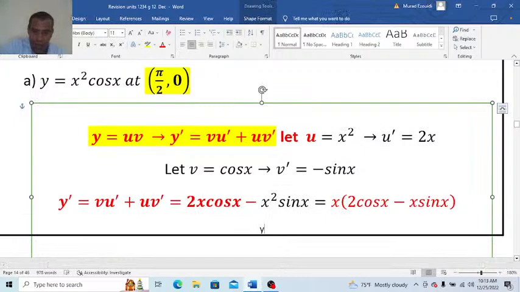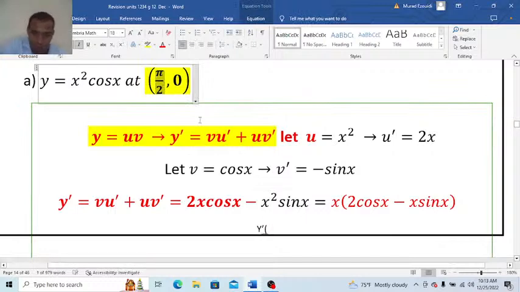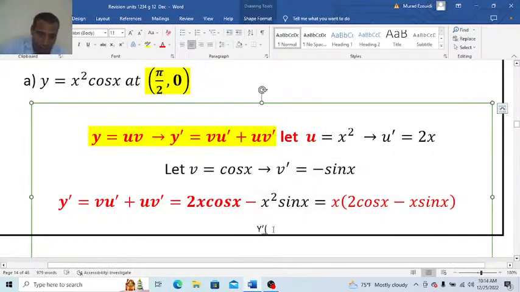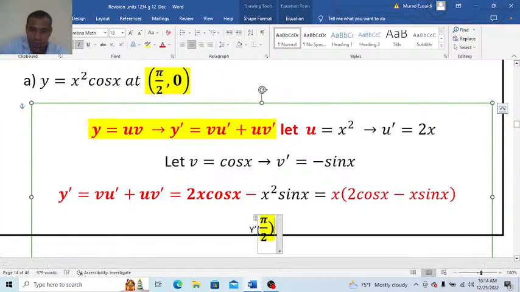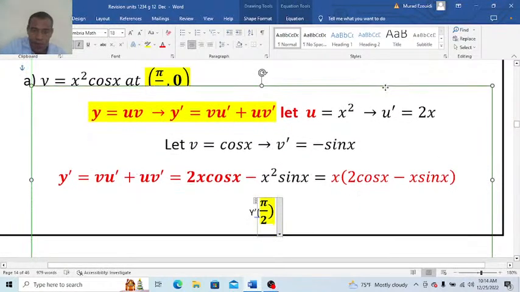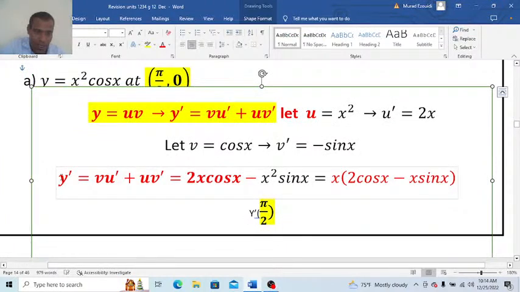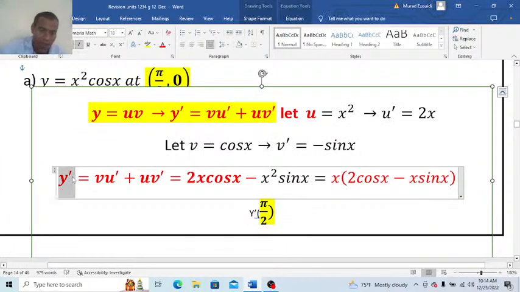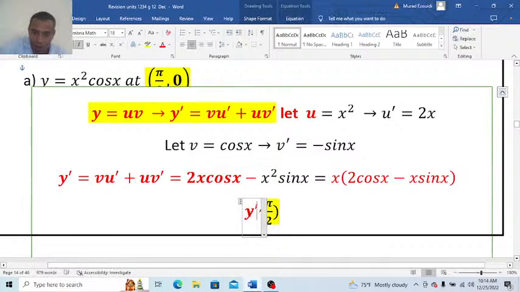So y dash between parentheses pi over 2. Means you should replace x with pi over 2. Then I close this parenthesis. So this one, learners, is equal to what? Just give me time. I will just write y dash when x equals pi over 2.